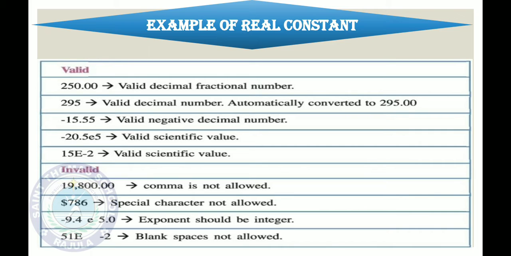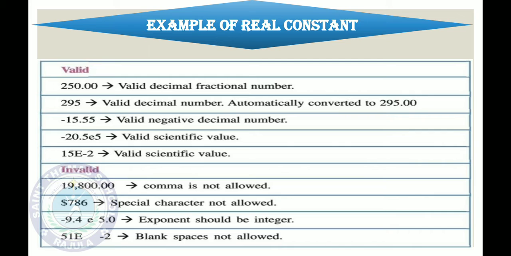So in the valid example, minus 20.5 is also a fractional number, but see the exponent value: minus 20.5 is the mantissa, and E5 is the exponent, so this 5 is an integer.